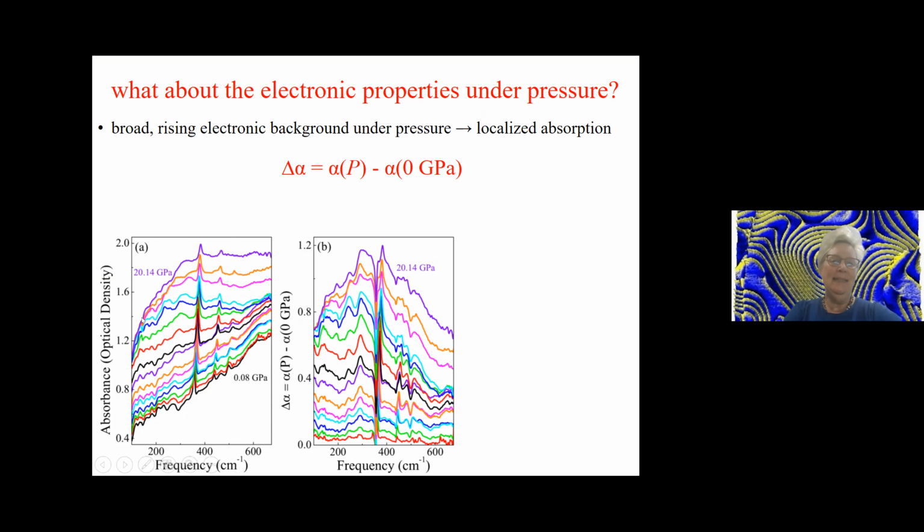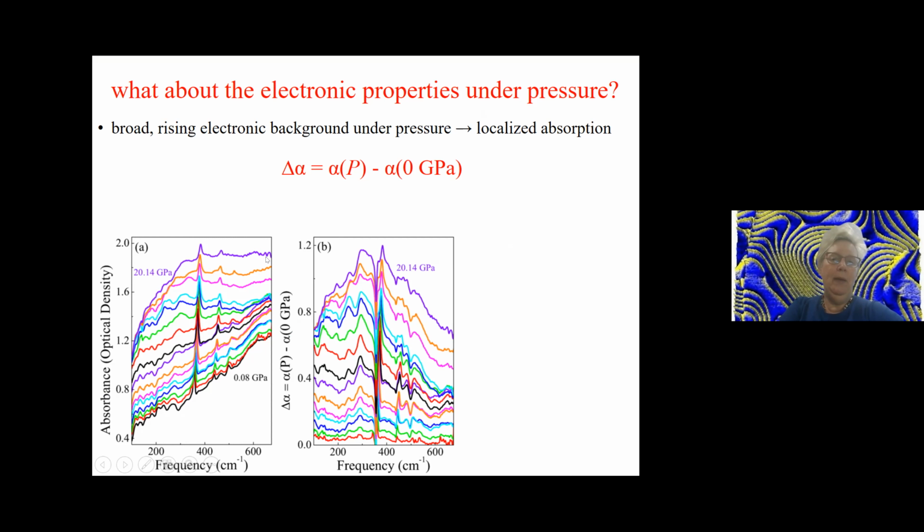This is absorption as a function of frequency in the far infrared, and you can see there is this rising slope. At ambient conditions, this thing is probably peaking way out in the middle infrared. But when you apply pressure, it clearly moves into our frequency window. This hump grows and grows, and eventually at 20 gigapascals, it's quite prominent.